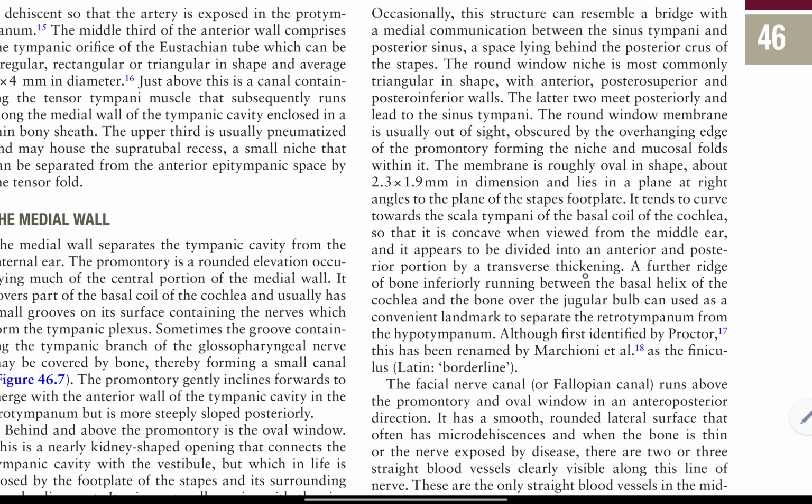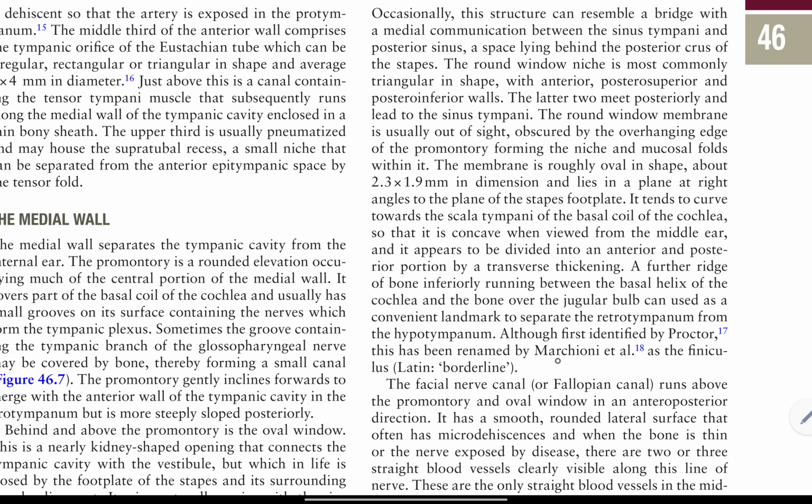A further ridge of bone inferiorly, running between the basal helix of the cochlea and the bone over the jugular bulb, can be used as a convenient landmark to separate the retrotympanum from the hypotympanum. Although first identified by Proctor, this has been renamed by Marconi et al. as the funiculus, Latin for borderline.